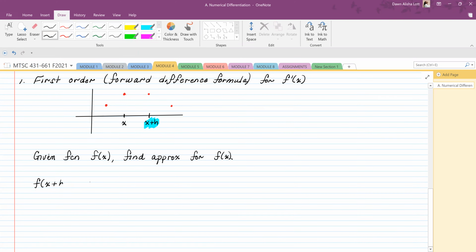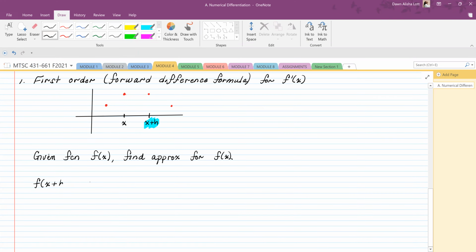All right, so when I do that, I now get that f prime of x is approximately f at x plus h minus f at x, all over h, because I'm assuming what's left is really small, and this is something of order h.